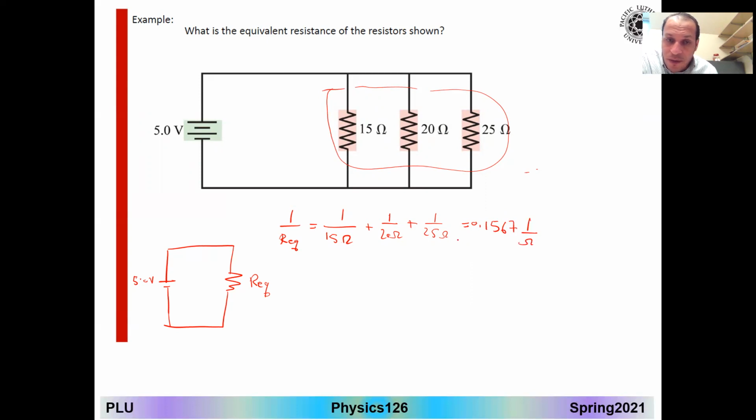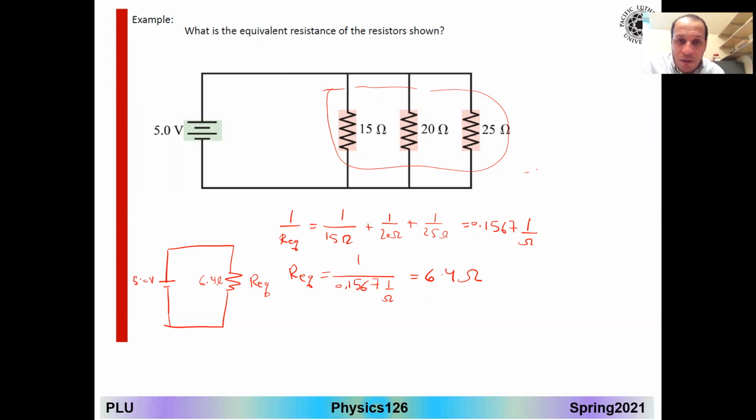So for R equivalent, we basically just invert this value, 1 over 0.1567 1/ohms, and I end up with 6.4 ohms. So I can connect the circuit here with the 6.4 ohms. That's the equivalent resistance of the resistors connected in parallel.